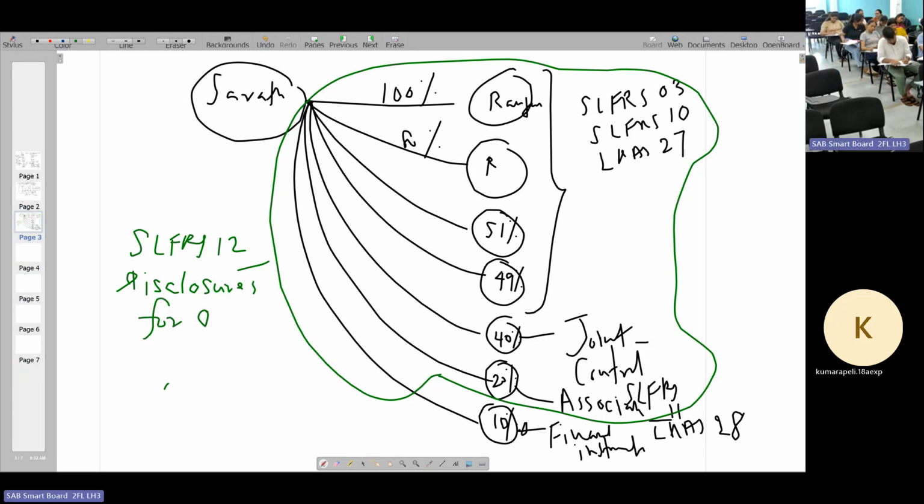Disclosures for other entities. That would be applicable for up to associate. Associate also other entities. Okay? Then make කතාව ලියාගන්න. Then we can start one by one.